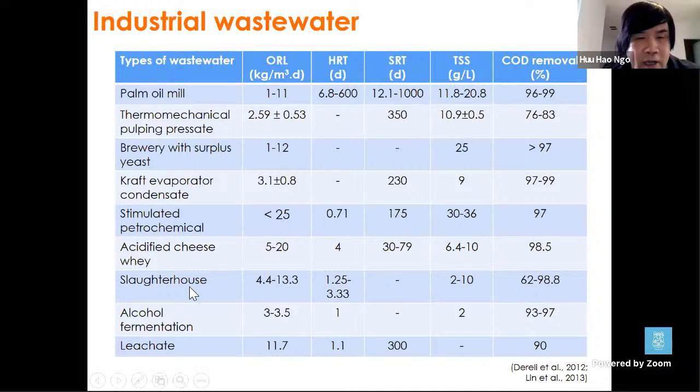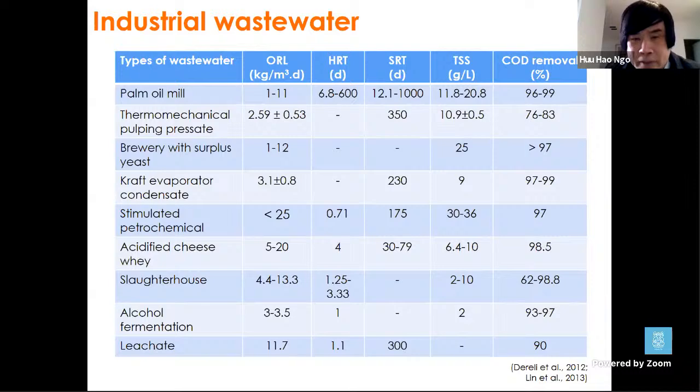For example, the slaughterhouse is not really good because the load is too big. The second one, the thermomechanical pulping press stage, is also not so good. So in the lab scale, we can see the weakness of the anaerobic MBR. It's not perfect in the way we use anaerobic MBR systems.